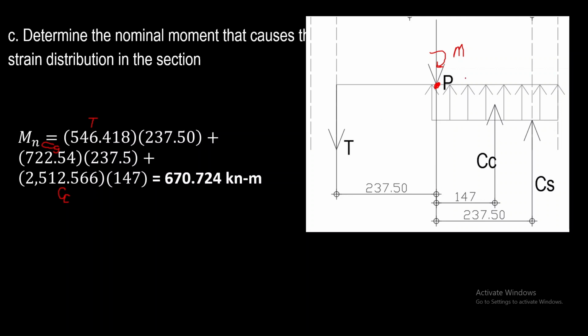We have 670.724 kilonewton-meters for the nominal moment that causes the strain distribution in the section.